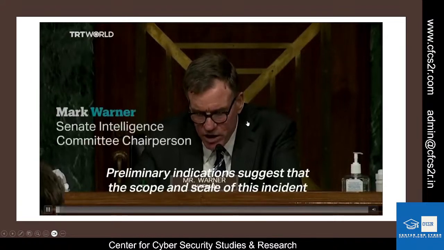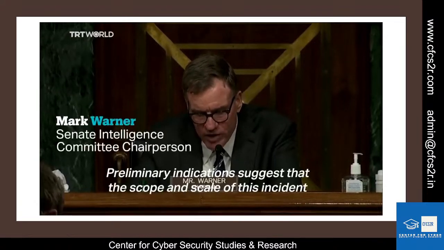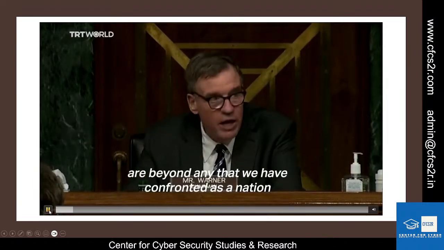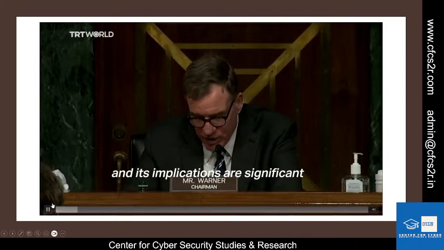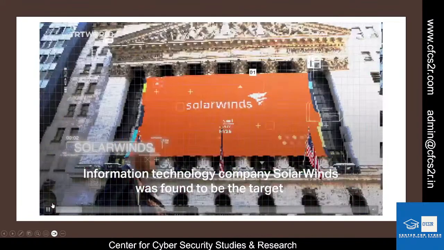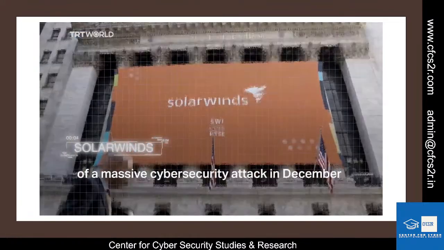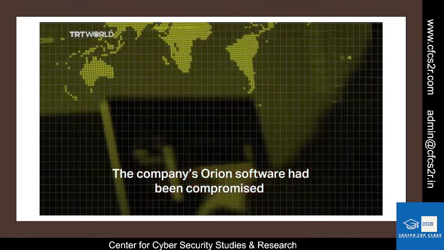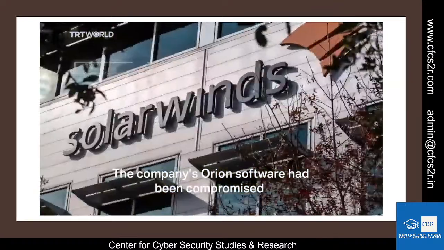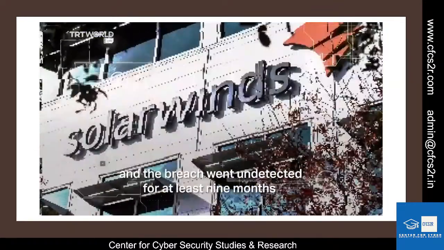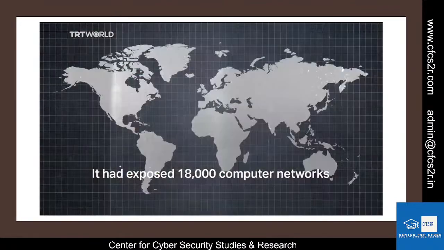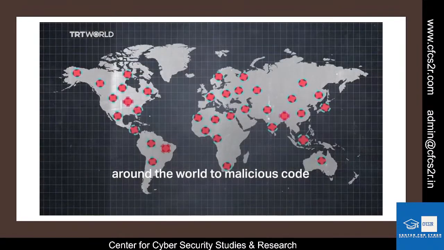Preliminary indications suggest that the scope and scale of this incident are beyond any that we've confronted as a nation, and its implications are significant. Information technology company SolarWinds was found to be the target of a massive cybersecurity attack in December. The company's Orion software had been compromised, and the breach went undetected for at least 9 months. It had exposed 18,000 computer networks around the world to malicious code.